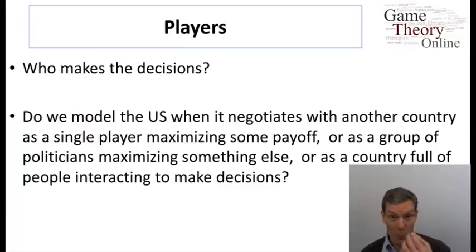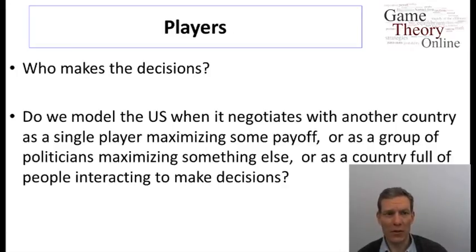So the players we'll include in a game are the people who are actively making the decisions in the game. And it's not always a completely cut and dry problem how one models a situation. For instance, if we were thinking about modeling countries negotiating, say the United States negotiating with another country, do we represent each country as one player?